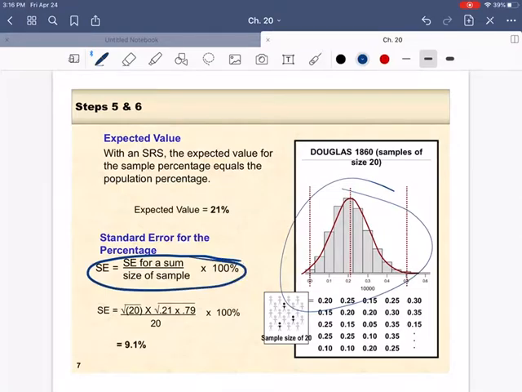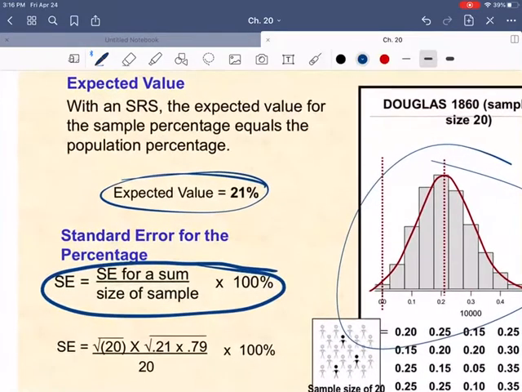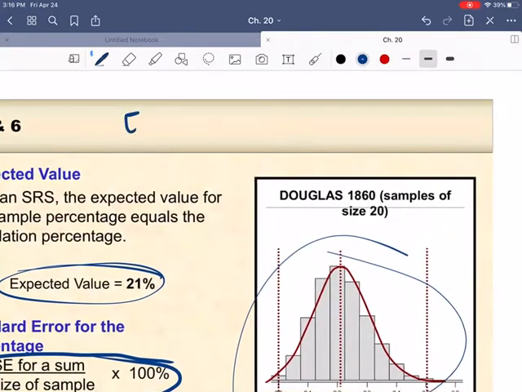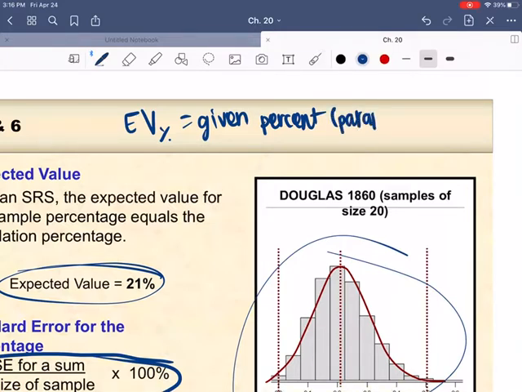This is the formula, except we're going to simplify that formula down for SE, and this is the formula for expected value percent. So this shows us two new formulas here. EV percent, that is the given percent or parameter. So we are given 21%, the parameter.